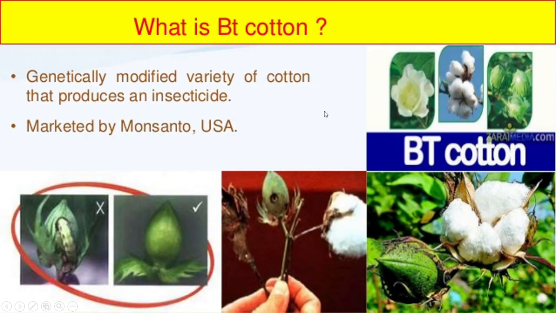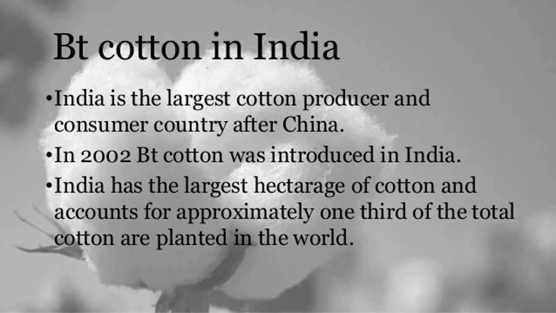Once it was developed, India also procured the seeds for this Bt cotton. As you know, India is the largest cotton producer and consumer country after China. In 2002, Bt cotton was introduced in India. India has the largest area of cotton and accounts for approximately one third of the total cotton planted in the world.